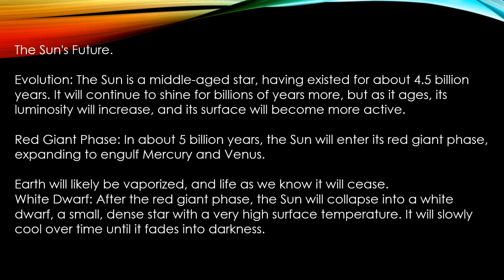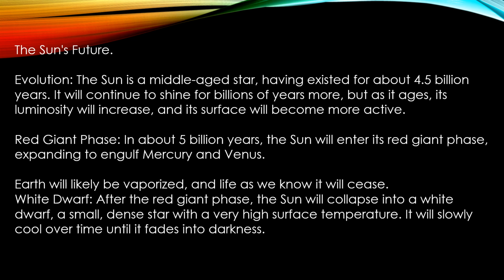The Sun's future evolution. The Sun is a middle-aged star, having existed for about 4.5 billion years. It will continue to shine for billions of years more, but as it ages, its luminosity will increase, and its surface will become more active. Red giant phase.